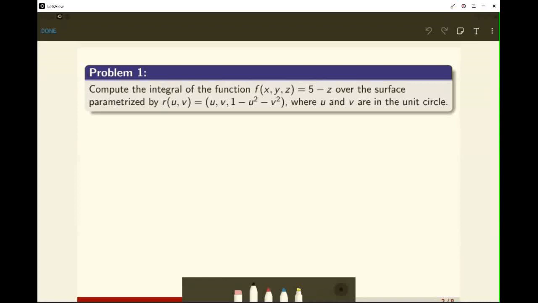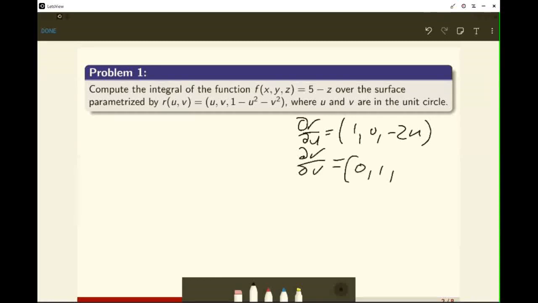For the normal vector, we're interested in the partials of our parameterization. If we take the u partial, we get 1, 0, minus 2u, and the v partial is the same kind of thing, 0, 1, minus 2v.